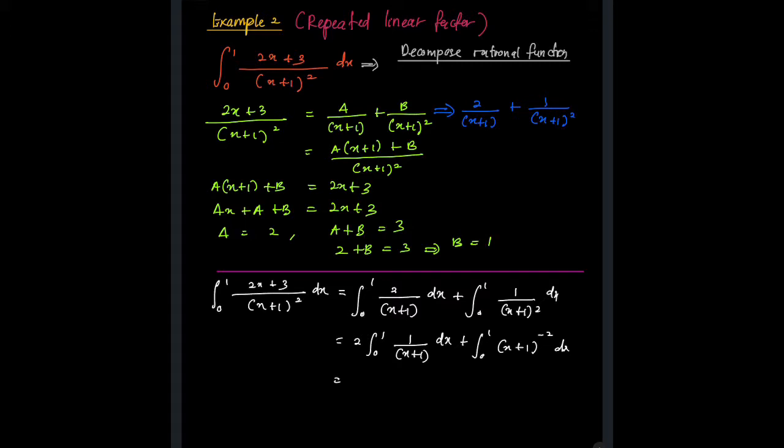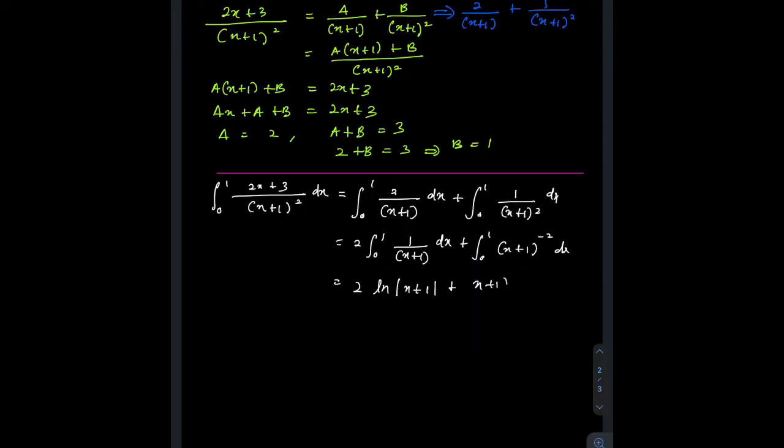Then integrate as usual. You will get 2 ln|x plus 1|, plus, for this part, (x plus 1) to the power of negative 1 over negative 1, with the limits from 0 until 1. Then you just rearrange back: 2 ln|x plus 1| minus 1 over x plus 1, from 0 until 1.